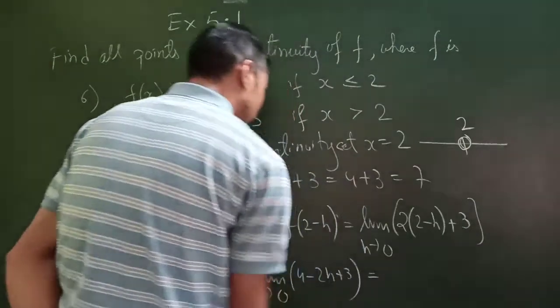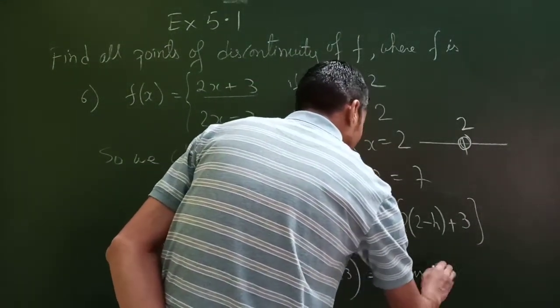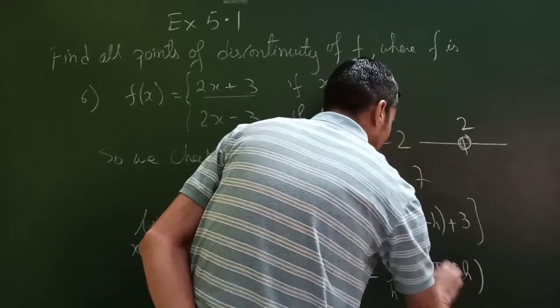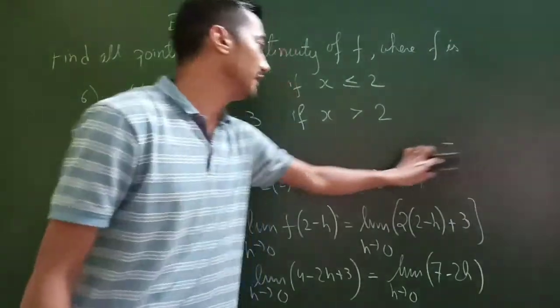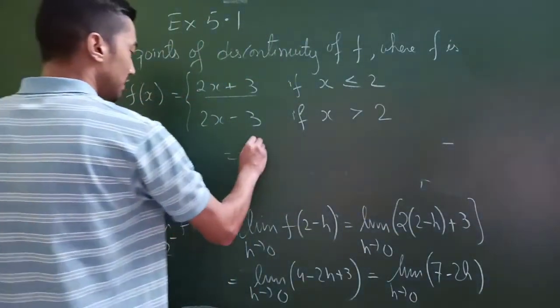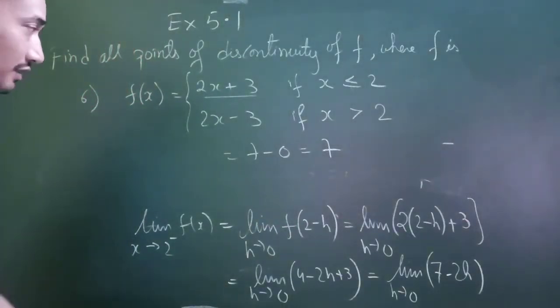What will be the value of this? That's the limit as h tends to 0 of 7 minus 2h. Now we can remove the limit, that is 7 minus 0, which is 7. So the left hand limit gives us 7.